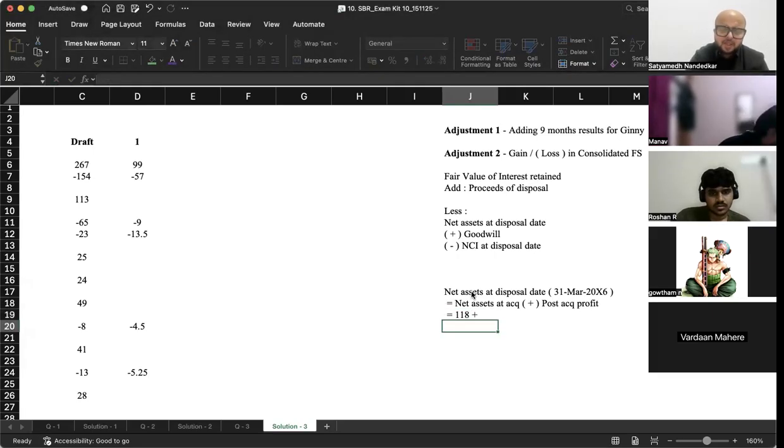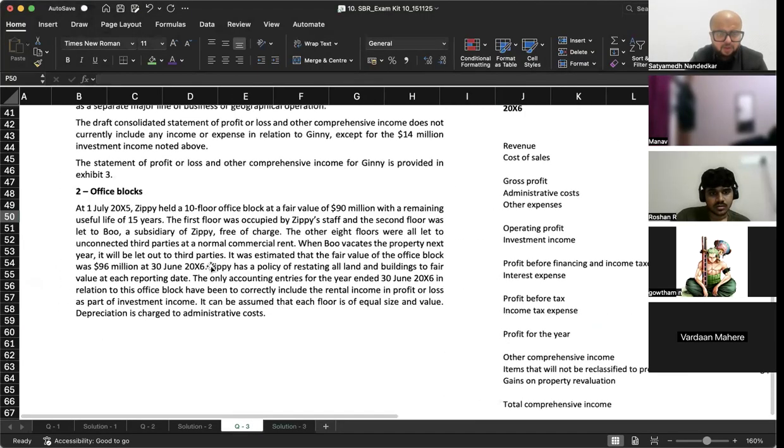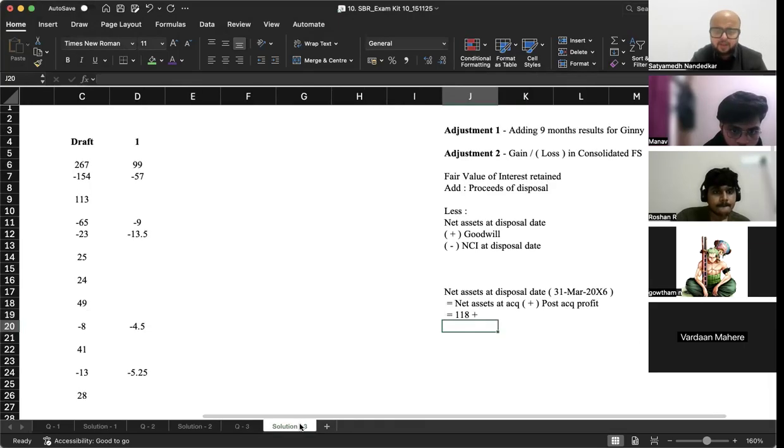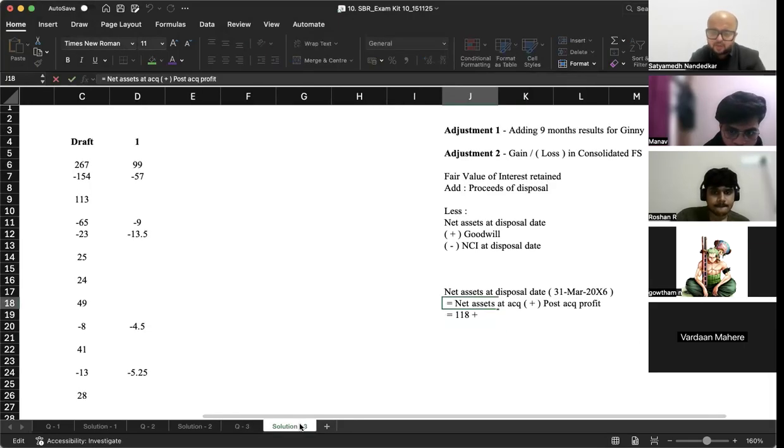But the closest number given to you is 1st of July 2005, so I will not take net assets at acquisition.